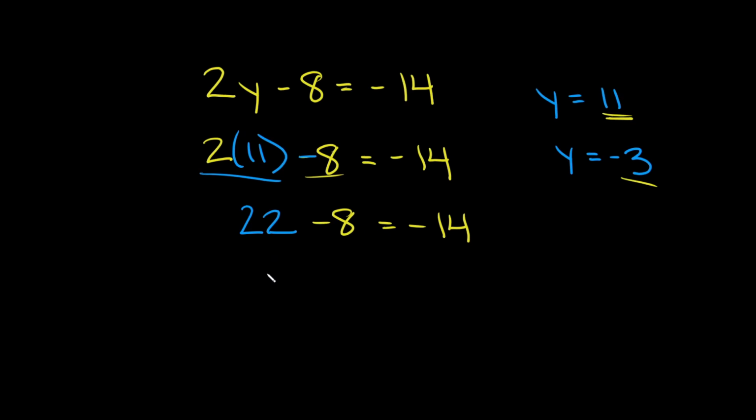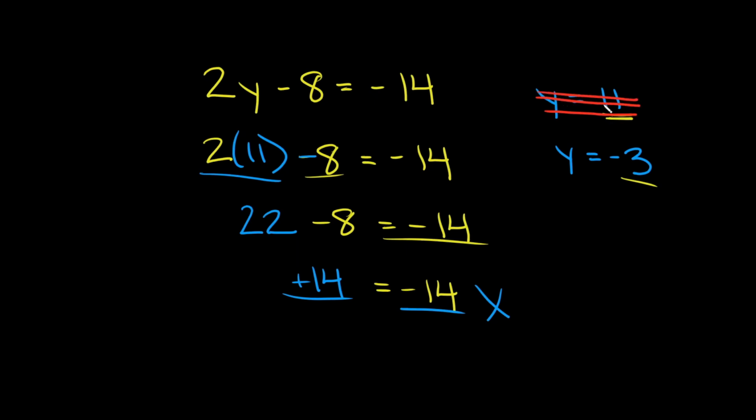What does that equal? That would just be positive 14. Then we bring down the rest of our equation, so it's equal to negative 14. Now, is positive 14 equal to negative 14? No, this one's positive, this one's negative. So they're two completely different numbers. That means y is equal to 11 is not a solution.